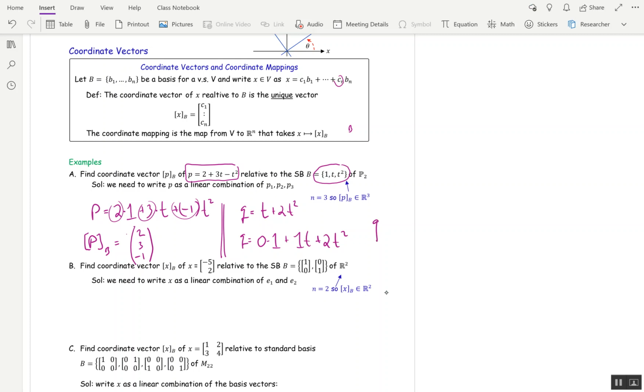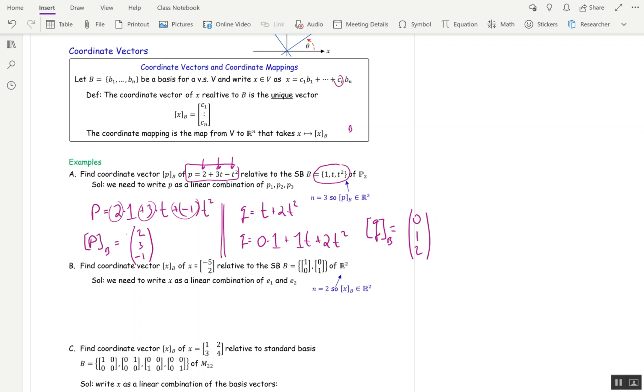So the coordinate vector for q would be 0, 1, 2. So for polynomials, you can really just read the coordinate vector right off of the polynomial. You just look at the coefficients, and those will tell you what is going to go into the coordinate vector.